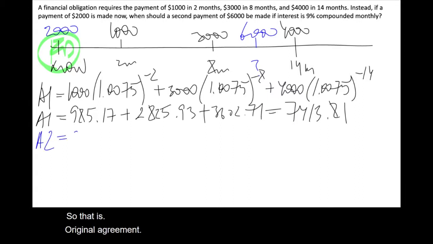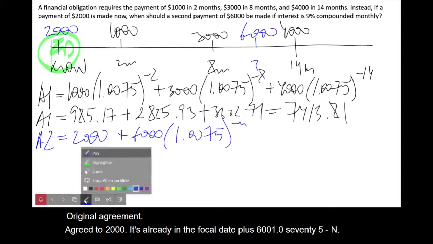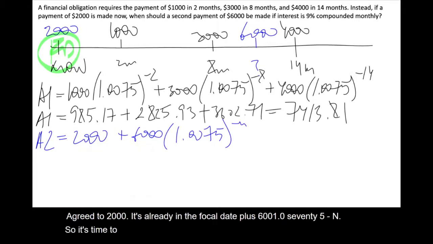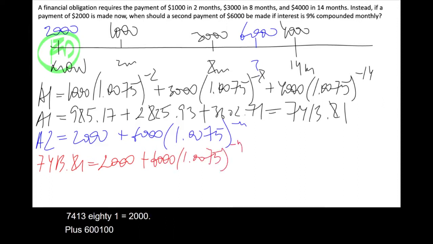Agreement 1, agreement 2: 2,000, it's already in focal date, plus 6,000 times 1.0075 minus n. So it's time to make an equation. 7413.81 equals 2,000 plus 6,000 times 1.0075 minus n.